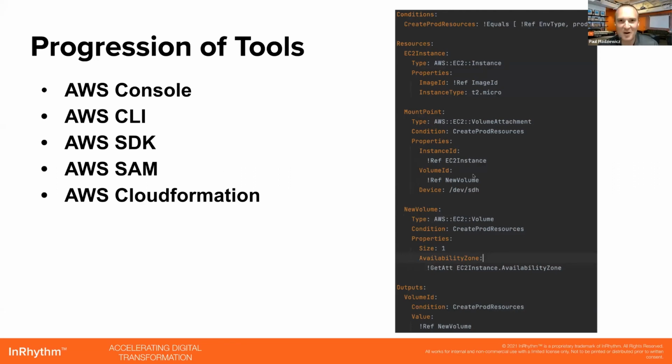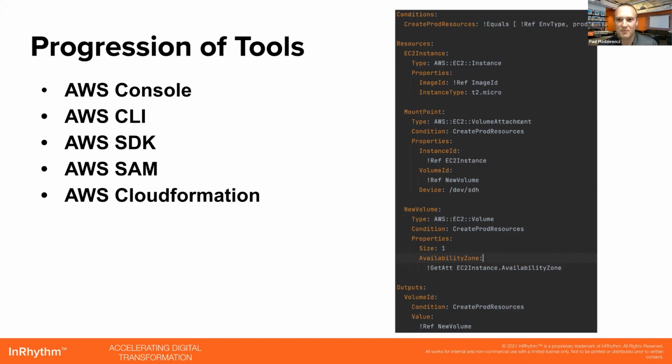We're programmers. We'll learn it. We'll make it work. But you can see up here, like a conditional here. When I was first looking at this, I see not equals, not ref, but that's not what it is. It's how you create these conditionals and references within your CloudFormation templates.